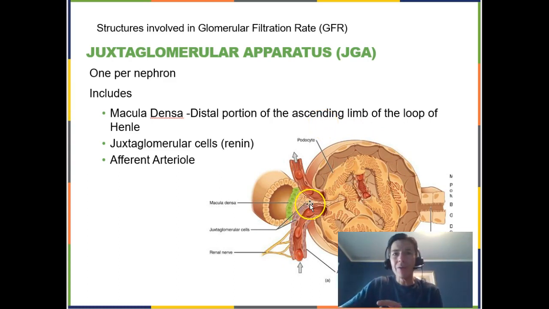Then there are these cells right here called juxtaglomerular cells. They're also sometimes called granular cells. They have a couple of different names. And then the afferent arteriole. What we're going to be focusing on primarily is the role of the afferent arteriole and the macula densa in regulating the glomerular filtration rate.